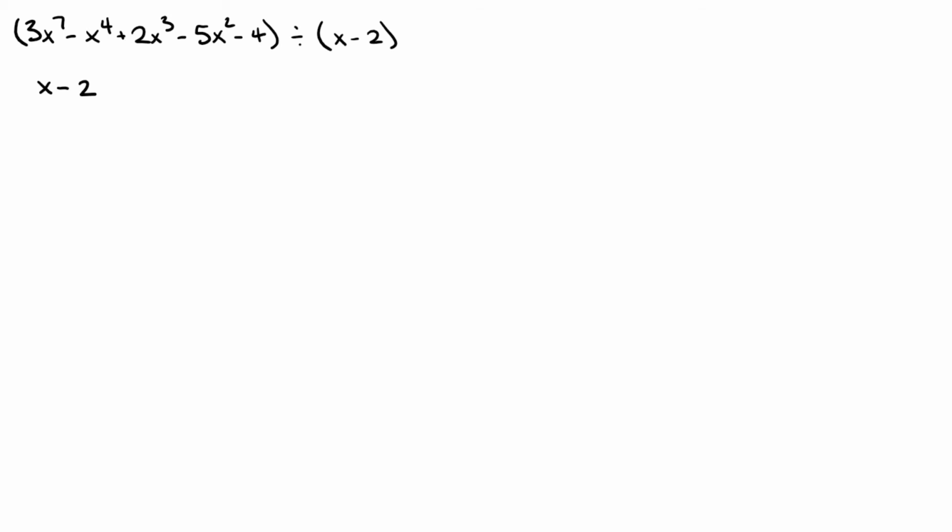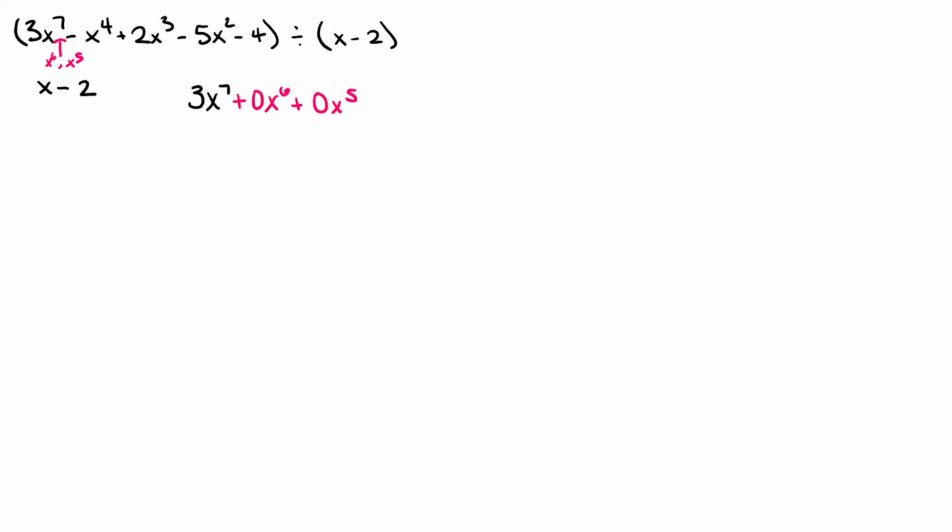Notice that we don't have every exponent represented in this polynomial. As we go through, we see x to the 6th and x to the 5th are missing, so we have to add those in. We must represent every single term within this polynomial, including 0 terms.